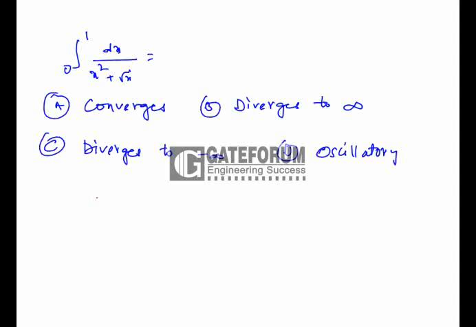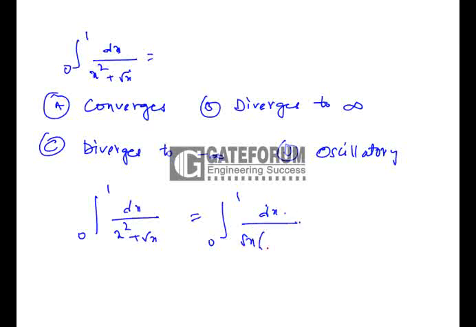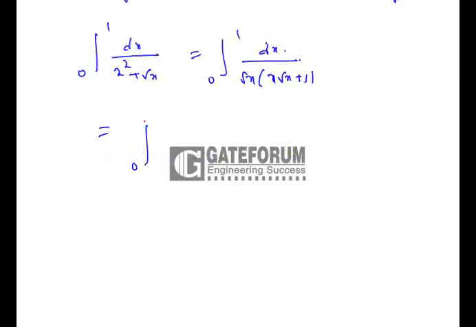We have to find whether the integral 0 to 1 dx by x square plus root x converges or diverges, or whether it is oscillatory. We can write this as 0 to 1 dx by, I'll take root x common. If I take root x common, it will be root x times (x raised to 3 by 2 plus 1), and this can be written as 0 to 1 dx by x power 1 by 2 into (x power 3 by 2 plus 1).